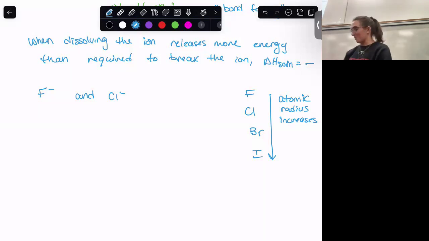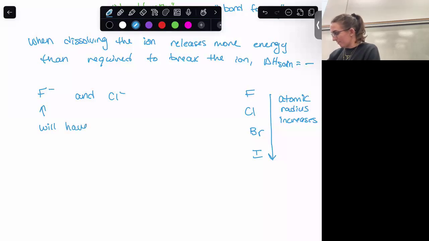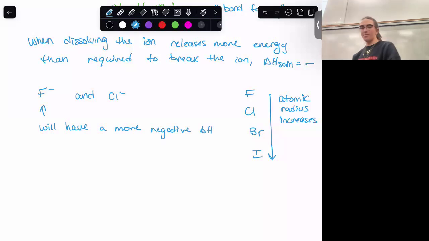More negative. Yep, perfect. Right. So we'll have a more negative delta H. Because it's smaller, right?